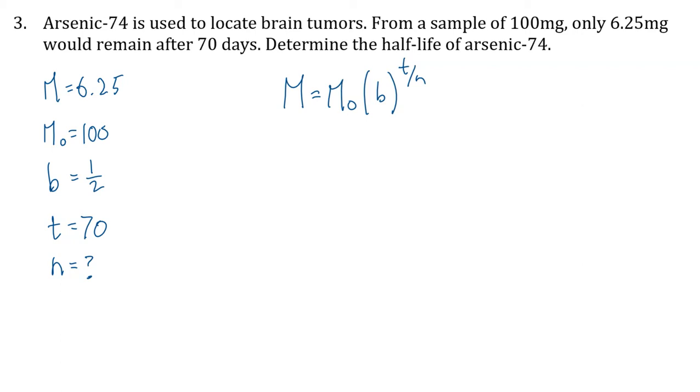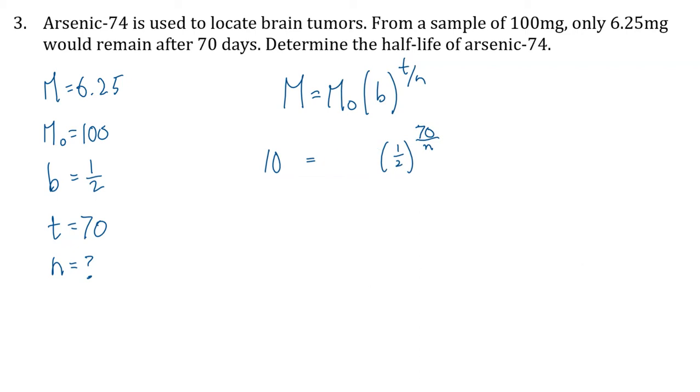Okay, so read these questions carefully, and are you solving for time or are you solving for N? Okay, now we can sub in. As long as you recognize that, these questions, oh, did I do that backwards? I did.